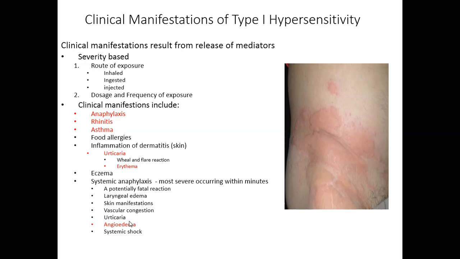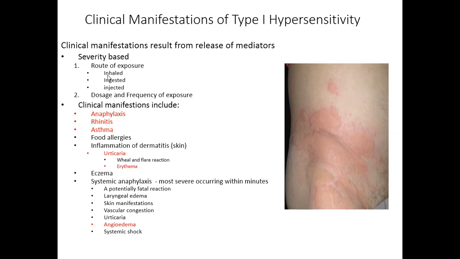We saw that the clinical manifestations of allergic reactions result from the release of mediators. But we can also see that the severity of the reaction can be based on a number of different things. First, how was the host exposed to the allergen? If it was inhaled, they're going to have some respiratory issues.